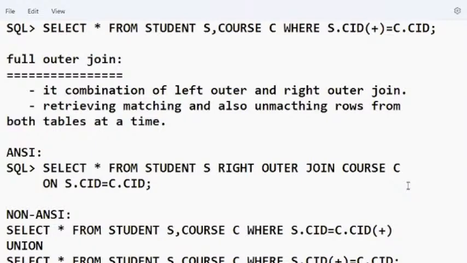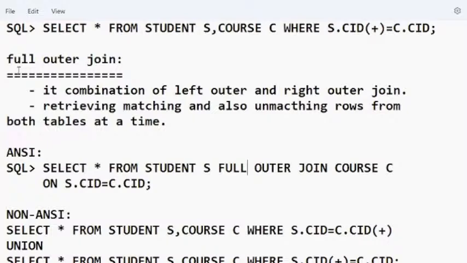Okay, so these are outer joins. You use them when you want unmatching rows. Whenever you want unmatching rows, there only outer joins are required.